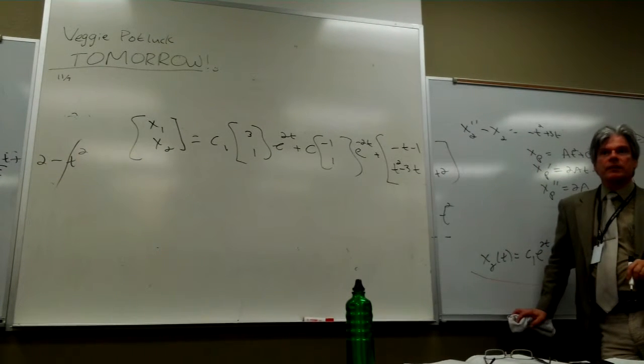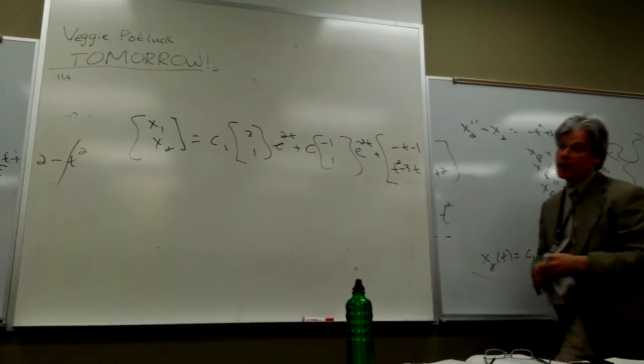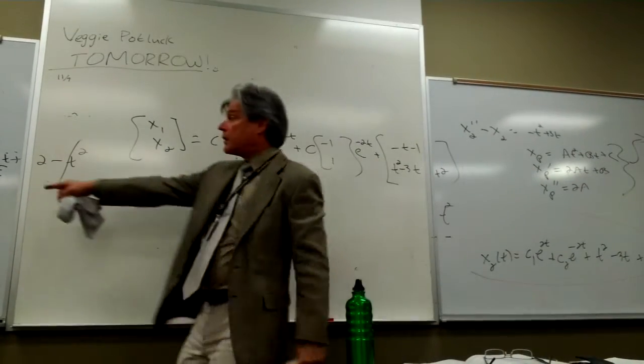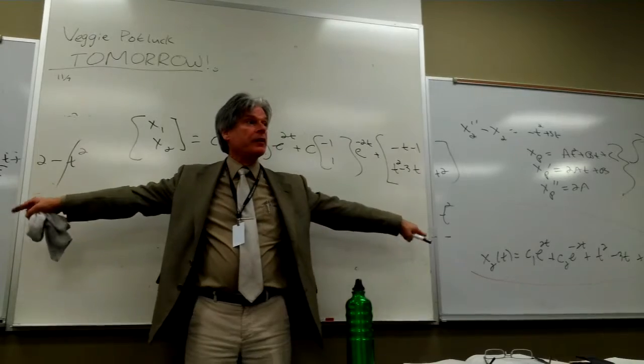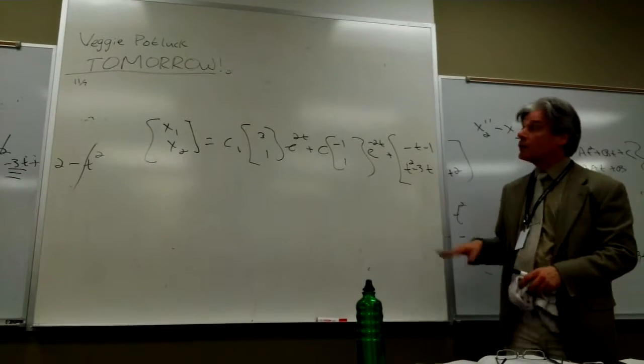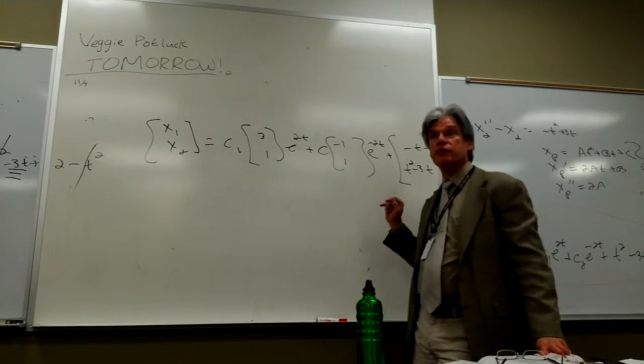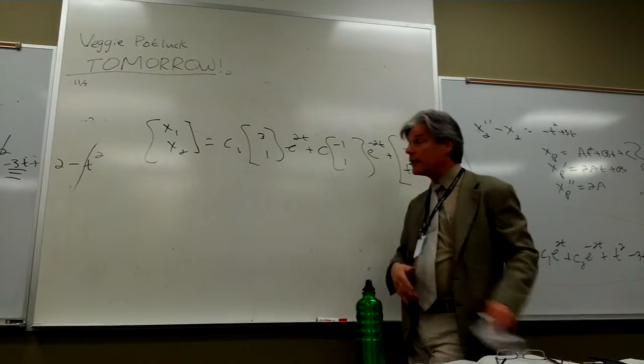Well, look what I just did. I rewrote my solutions as a single vector valued solution. I sometimes say in English, the collection of these two equations, circled in red, are my scalar valued function solutions, whereas this is my vector valued solution. Notice it's a linear combination of these two vector valued functions plus another vector valued function. When I say vector valued function, I'd be careful with my language.